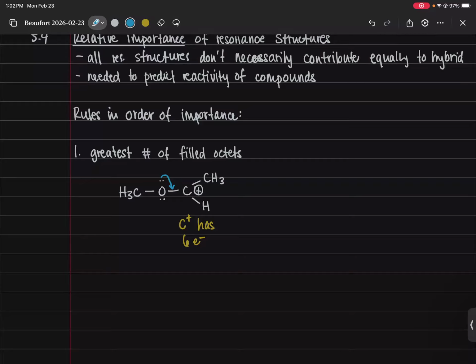We can move that lone pair down to make a pi bond. So we start there initially, and then our lone pair has moved down there.